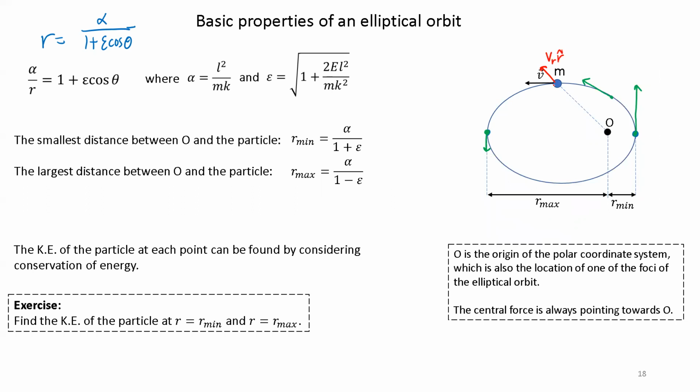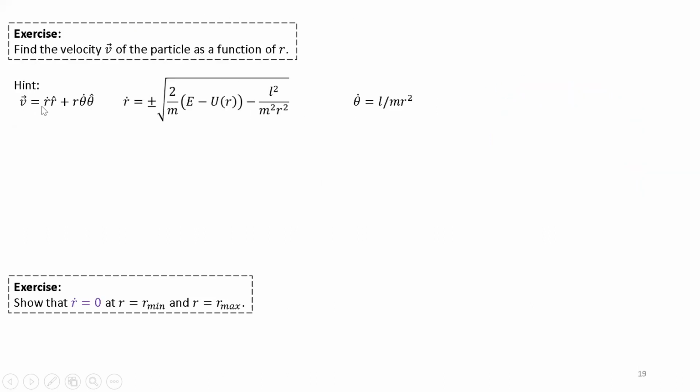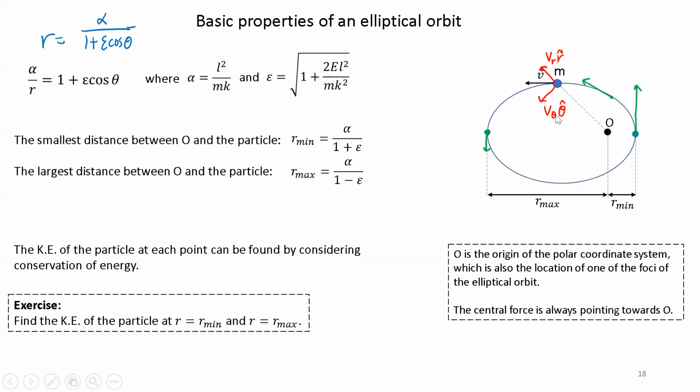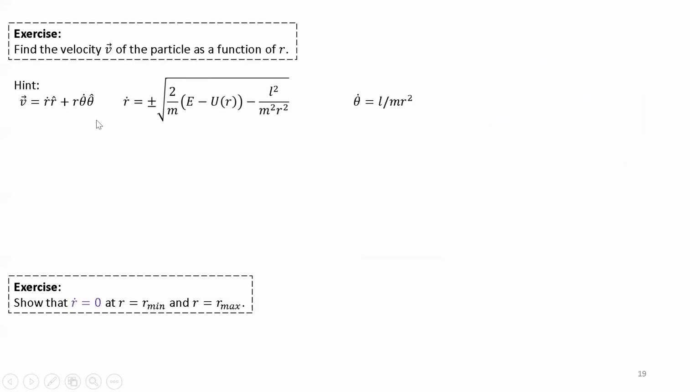The other, as you are familiar with now, is the transverse direction, which I call V theta theta hat. You know that this V_r is your r dot, and this V theta is your r theta dot.